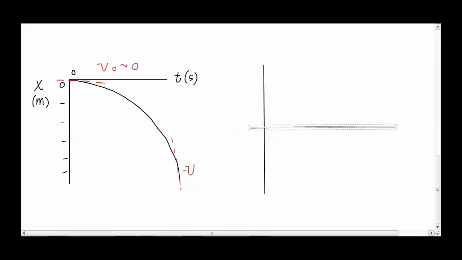And on our velocity time graph, I'm going to draw this velocity, time, and times in seconds. The initial velocity is nearly 0, so we can mark that on our velocity time graph.